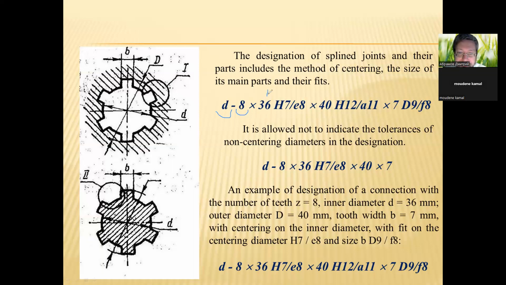Its internal diameter, nominal size of internal diameter, small d, its outer diameter, nominal size of outer diameter, big D, and nominal size of width of teeth, B. And their fits on the inner diameter, fits on the outer diameter, and fits of the parameter B.